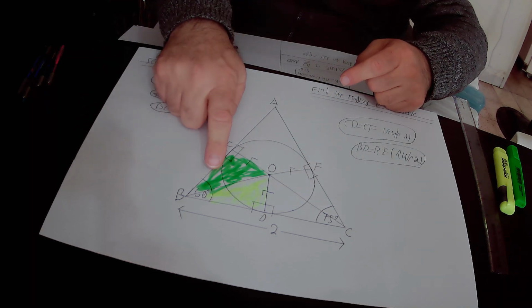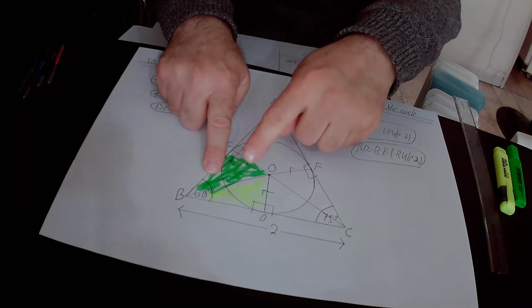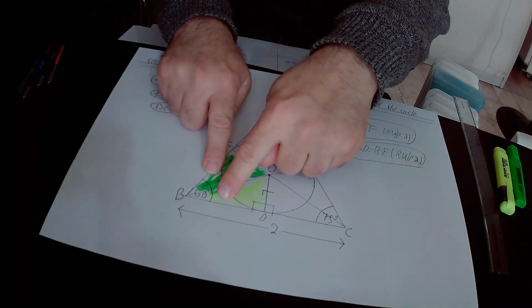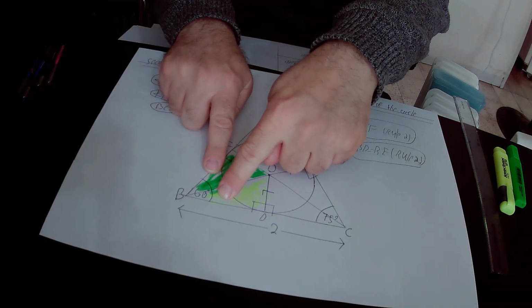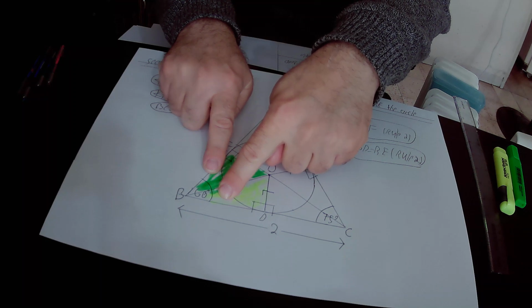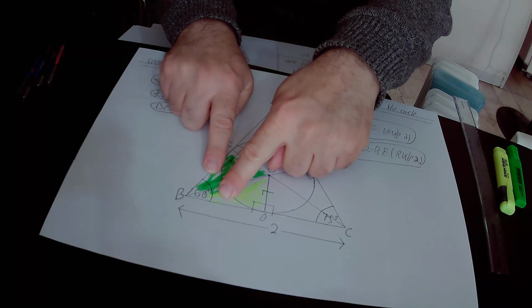So this is angle theta plus the other angle that is also theta. In total, they must be equal to 60 degrees. Theta plus theta, that is 2 theta, equals 60 degrees.